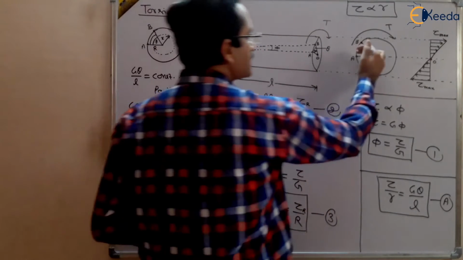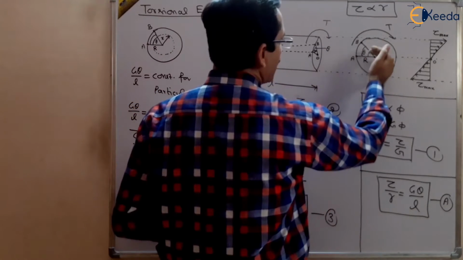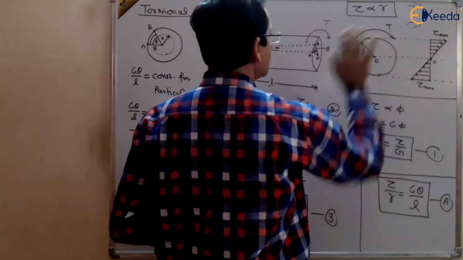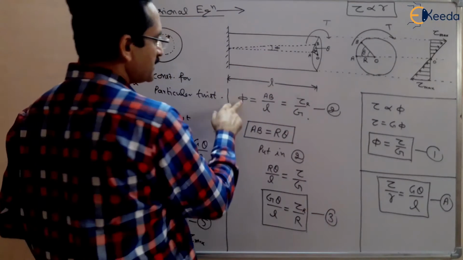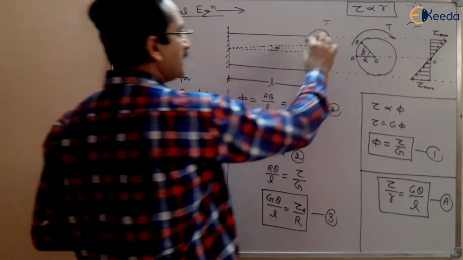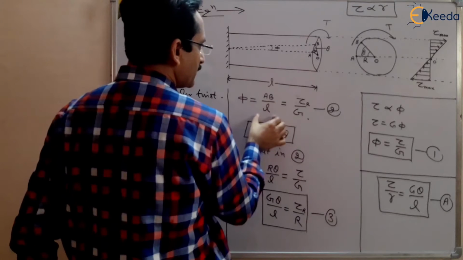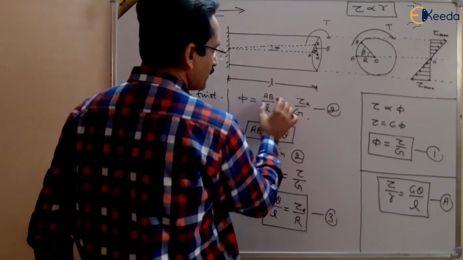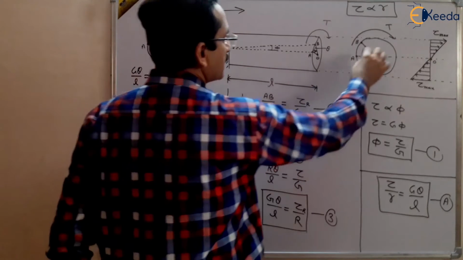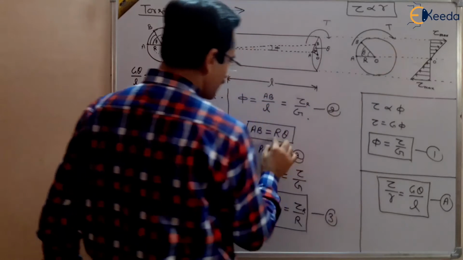And the angle of twist is the same at each point, right? So shear strain is given by the change in length AB to the original length L, AB by L. And what is AB? That is capital R multiplied by the angle of twist, R theta.